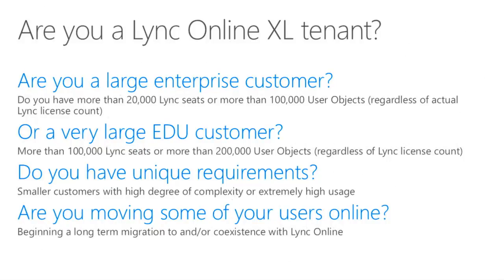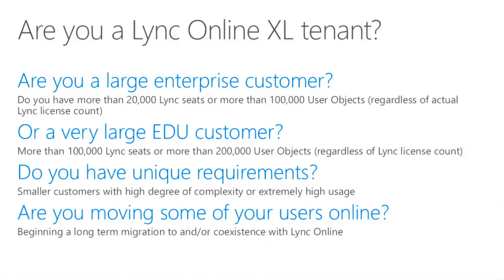This is true regardless of whether you're starting today your journey with 5 users, but you're on your way to deploying 100,000 users. So today you might just have a small trial tenant or a small hybrid tenant that you're taking 5 users from your on-premise deployment, putting them online.